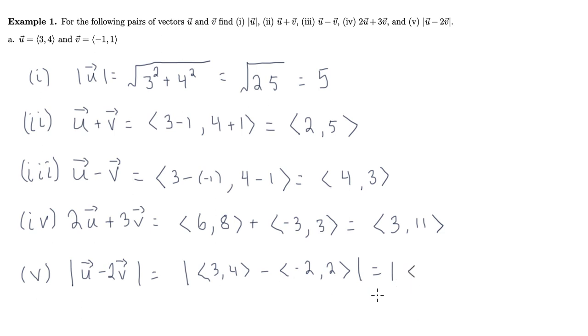So that's going to be 3 minus negative 2, so that's 5. And then 4 minus 2 is 2. So we just want the magnitude of this vector 5, 2. But that's the square root of 5 squared plus 2 squared, which is the square root of 29.